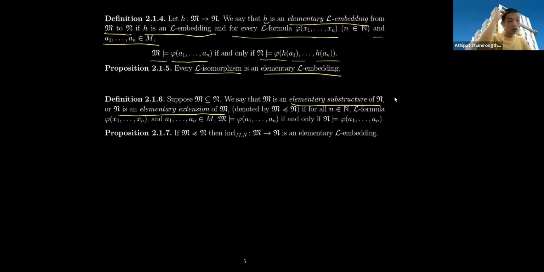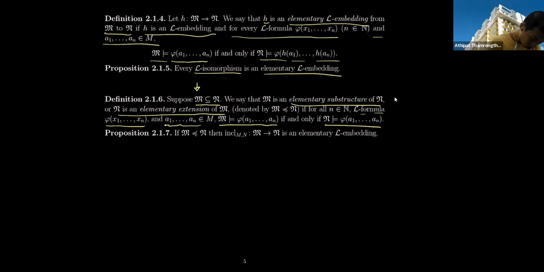We say that M is an elementary substructure of N if M is a substructure of N, and for every L-formula phi(x1, ..., xn) and any objects a1, ..., an in the smaller structure M, M satisfies phi(a1, ..., an) if and only if N satisfies phi(a1, ..., an).